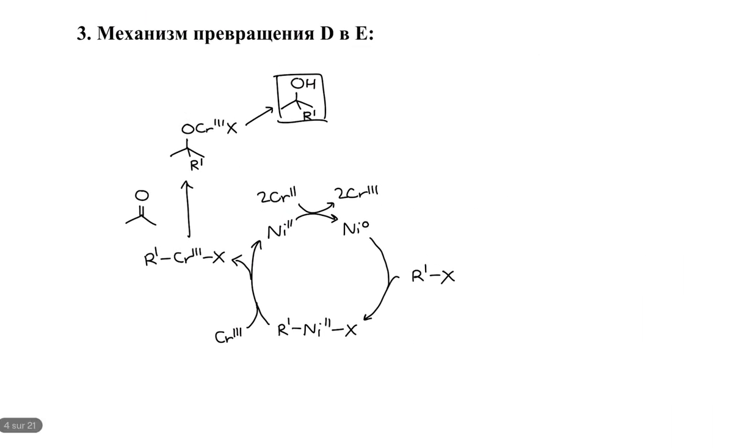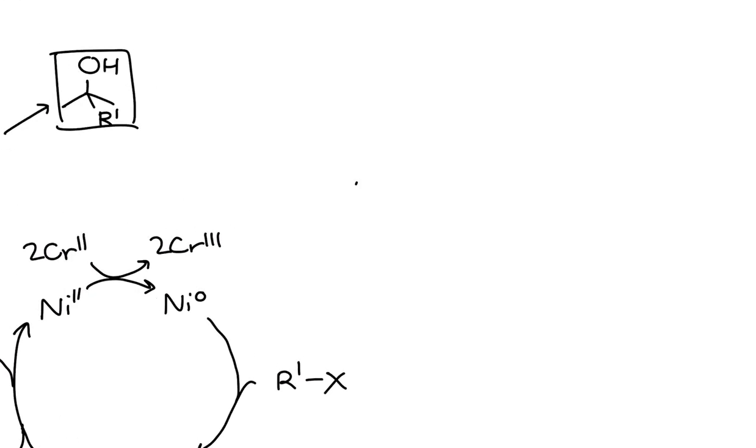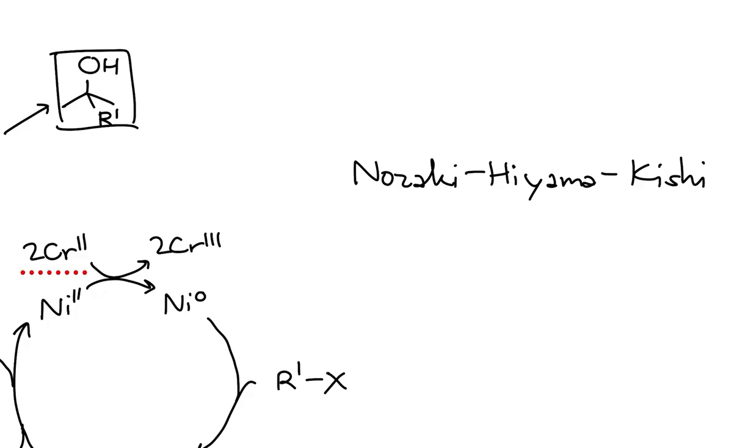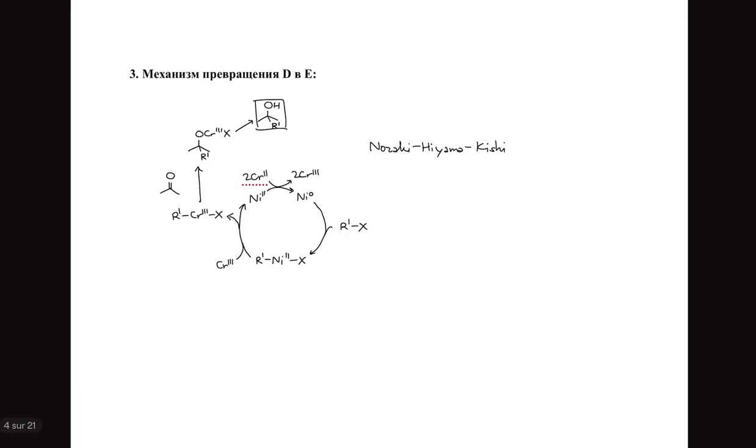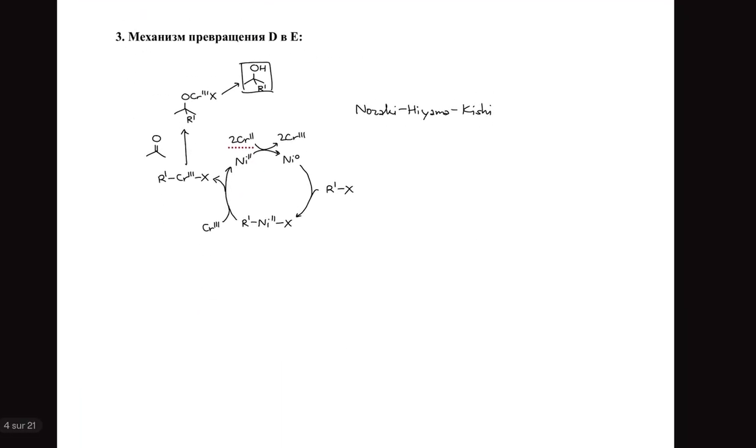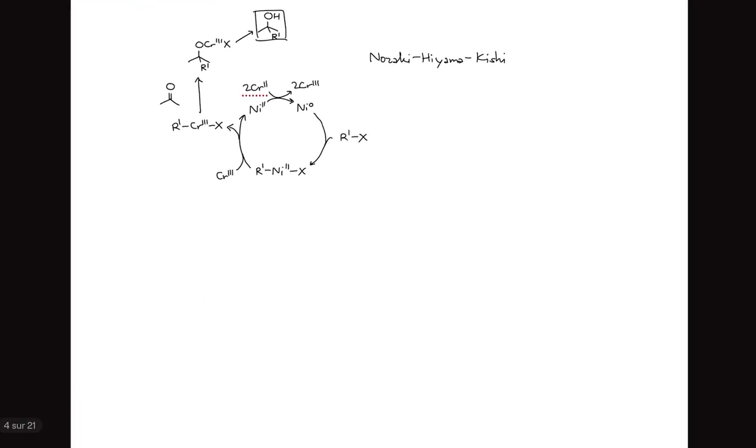There you go. That's the mechanism from D to E, which is the Nozaki-Hiyama-Kishi reaction. Let me write it out. It's similar to Grignard, and I actually kind of dig this reaction. It's really cool. It uses 2 transition metal complexes, and I think it's quite cool, don't you think?